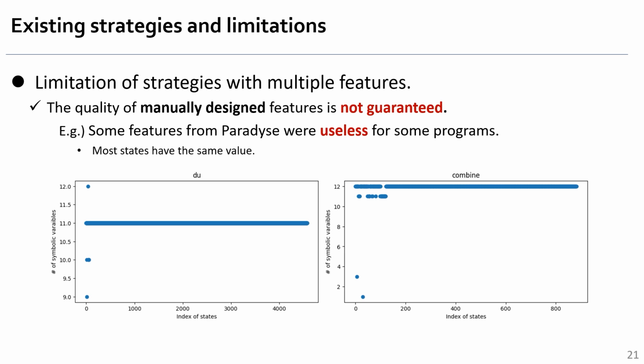For example, two features from Paradise were useless for some programs. The two plots on the slide show the value of one feature for every state, and as we can see, most of them, over 96%, have the same value, and we can conclude that this feature is not that helpful to identify promising states.